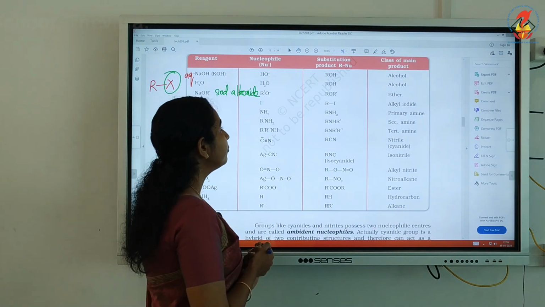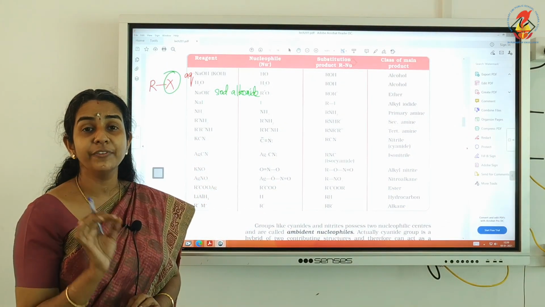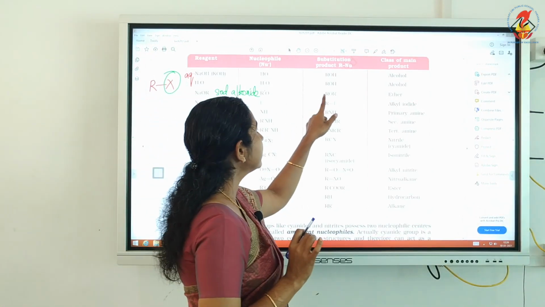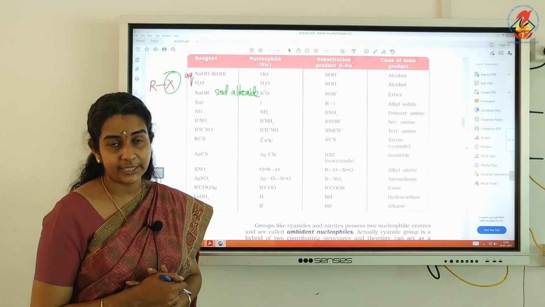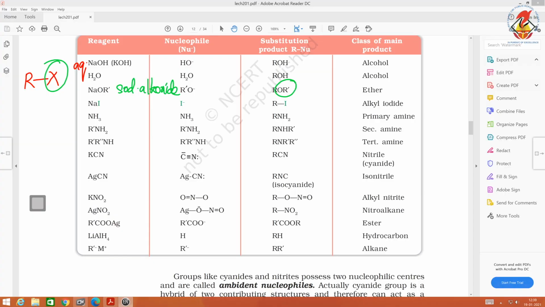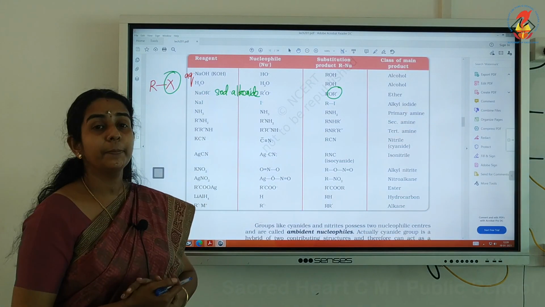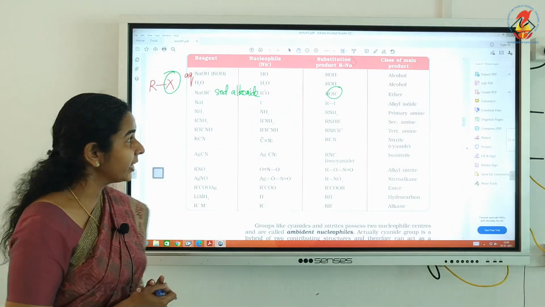Study the nucleophile present in each and every reagent. The product that we get is known as ethers, since X is replaced by the OR group. So when alkyl halides react with sodium alkoxide, the product is ether and the nucleophile present is RO minus.